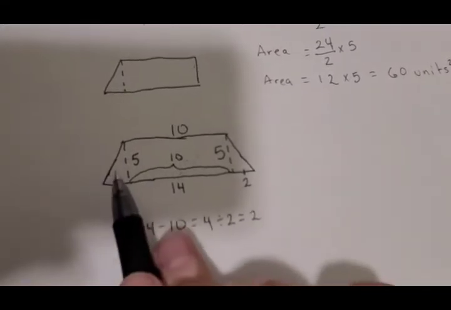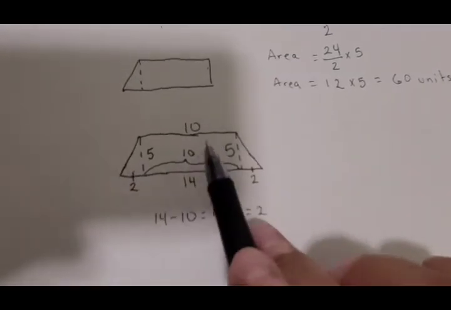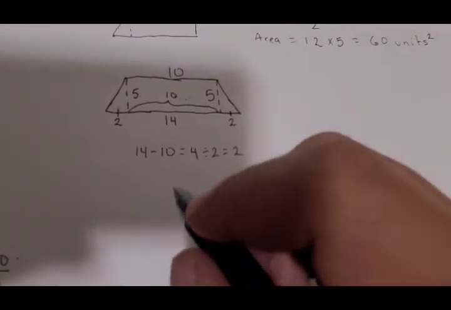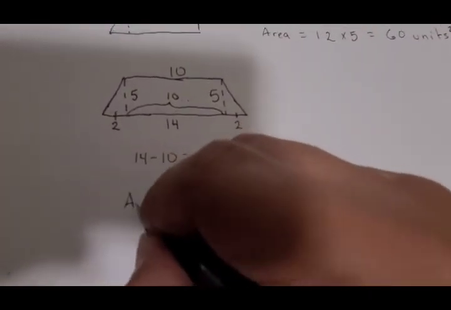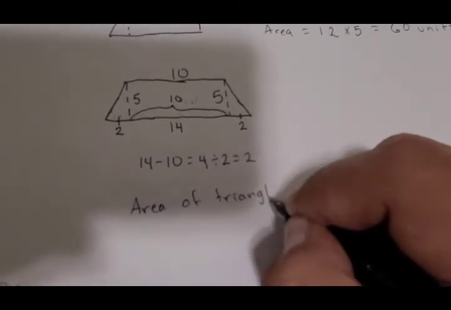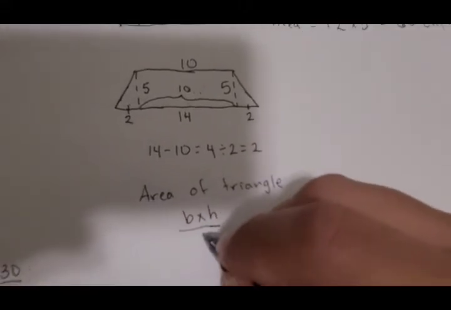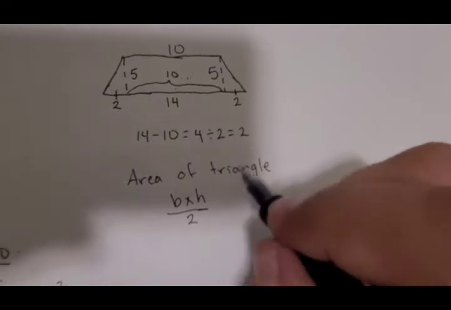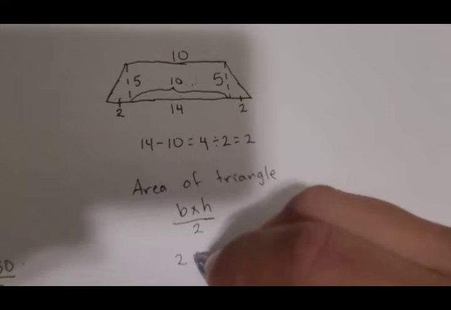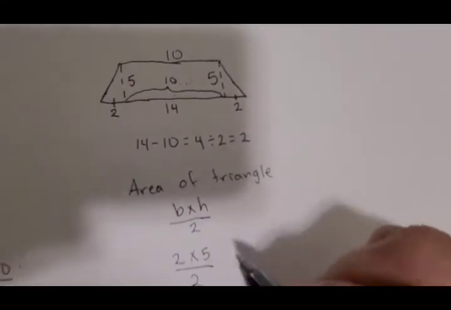Now, we know that we need to find the area of a triangle, we just learned on the other side, and the area of a rectangle. Now, let's start with the area of the triangle. We know that the area of a triangle is base times height divided by 2. This means that our base is 2 times our height, which is 5, divided by 2.